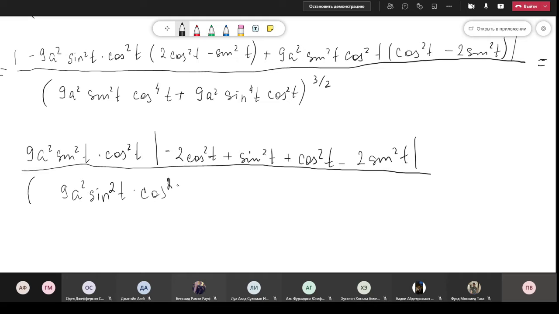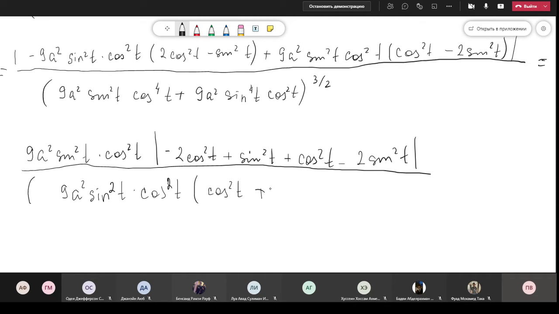And we can take out of the bracket this expression. If we take out 9a squared, sine squared, and cosine squared, here cosine with power 4, it means in the bracket we stay with just cosine squared, because 2 plus 2 is 4, power 4, cosine squared and cosine squared.